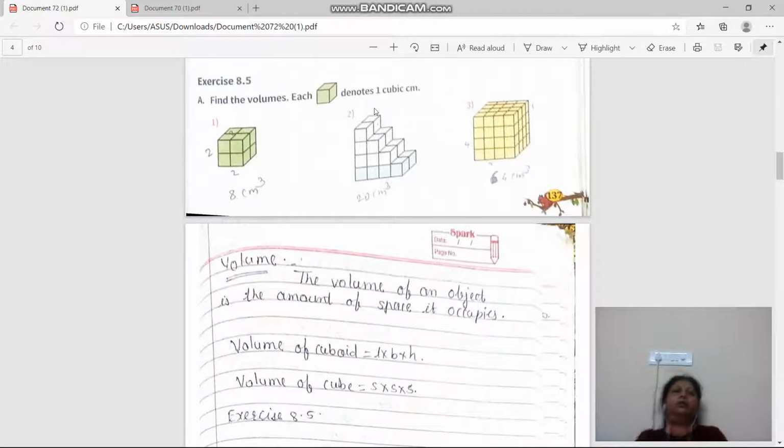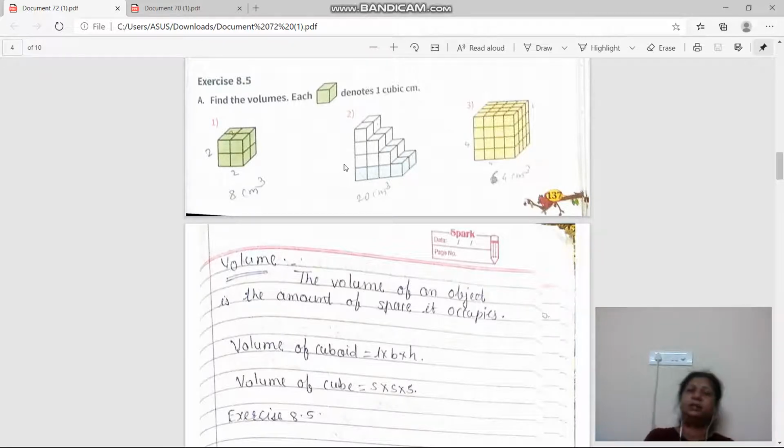Here also you have to find out the volume with the help of these cubes. You do not have to take the length, breadth and height. Suppose we are talking about the second diagram. We can calculate the length and breadth, but what about the height? Because the height is varying here.